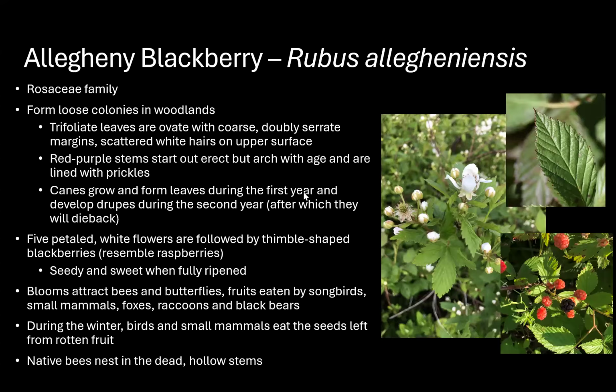So with Allegheny blackberry, just like a lot of our brambles, they can spread, right? They can spread relatively easy. And so with this one, you're going to find colonies in our different woodlands. It has the very typical bramble foliage, kind of that more trifoliate.